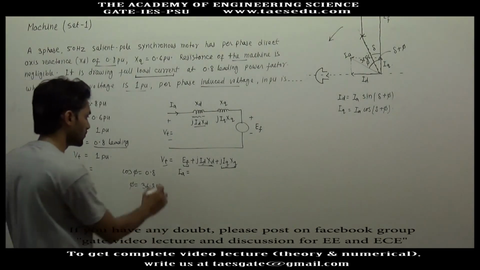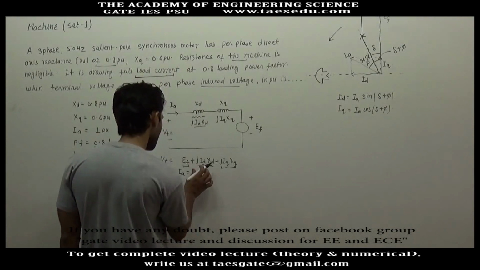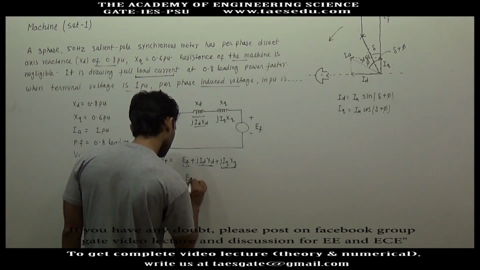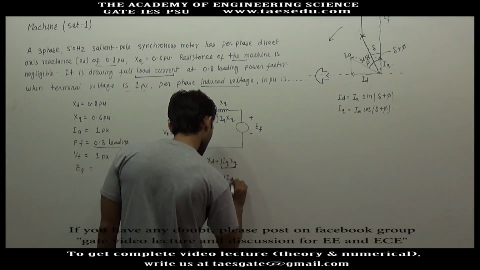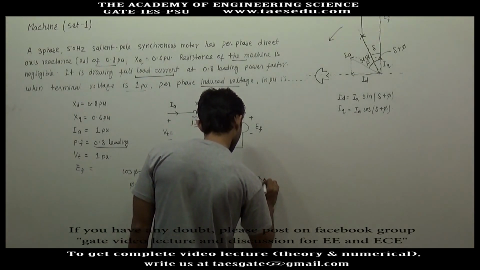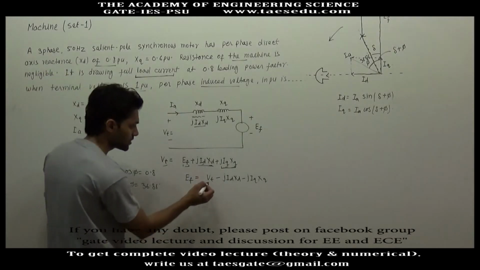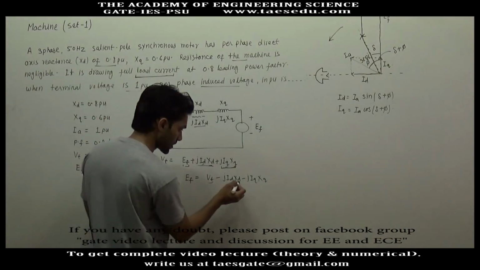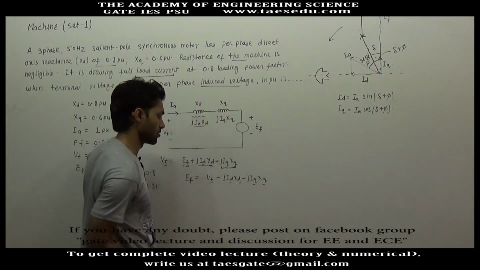Now we have to find out Vt, we have to find out EF. So EF will be Vt minus jIdXd minus jIqXq. Again, Vt is known, Xd is known, Xq is known, Id is not known, Iq is not known.